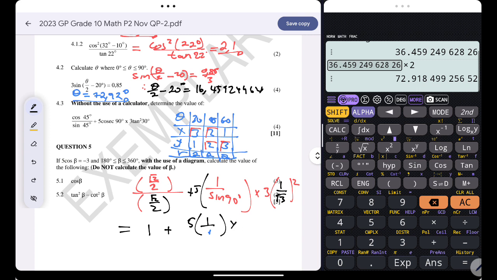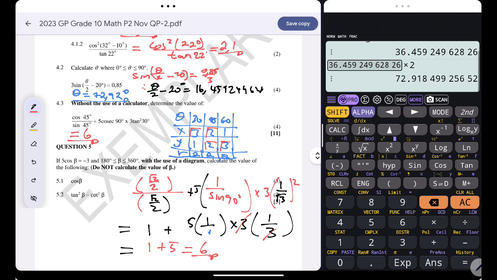And then I'm multiplying this by 3, and I'll have 1 over 3 there. Please note that this will cancel with this one. Then I will be left with 1 plus 5, which is 6. So this entire thing, guys, is equal to 6.